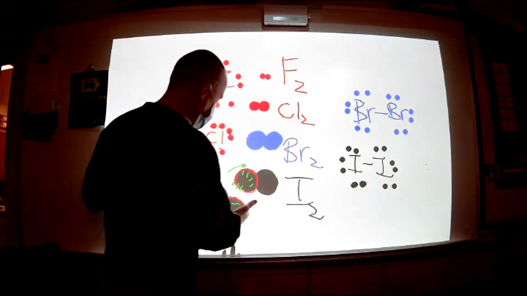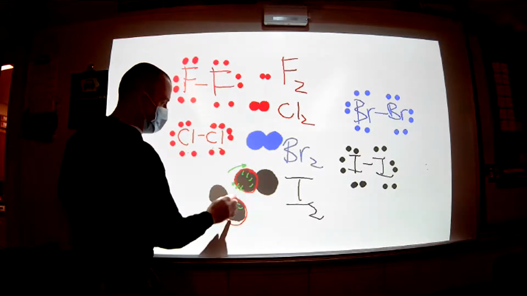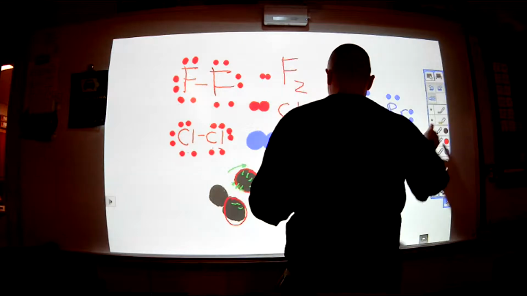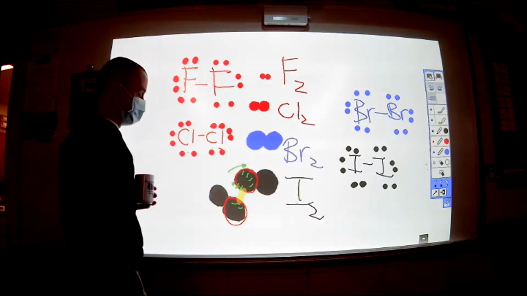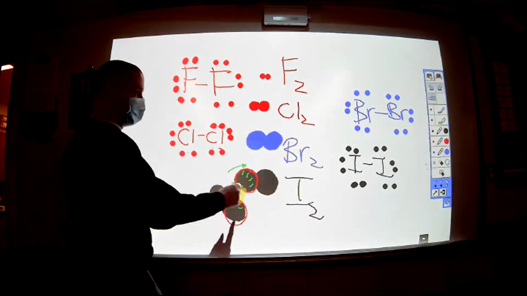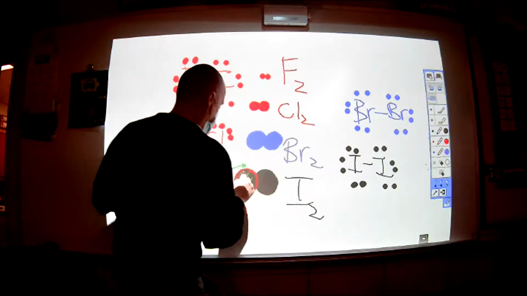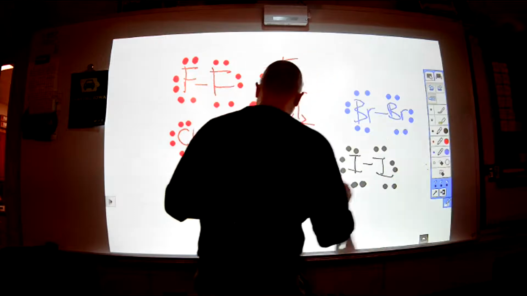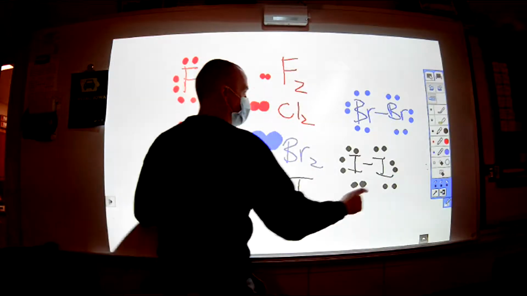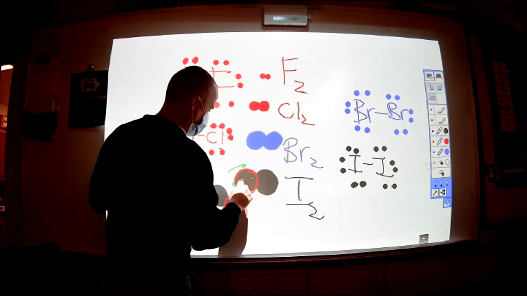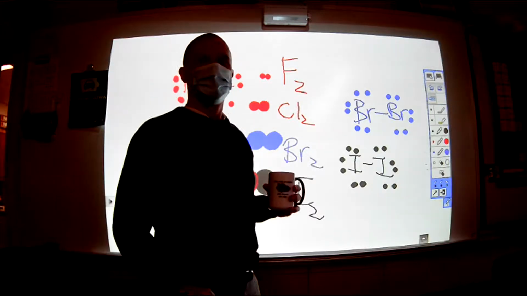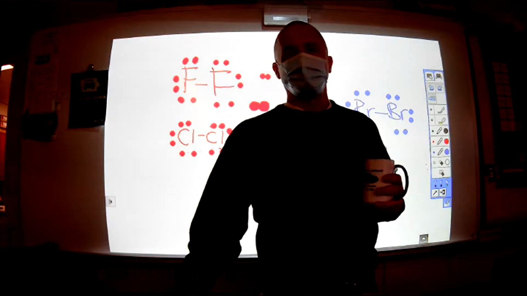We induce a dipole on this atom if those electrons move over. But you're like, okay, we could get an attraction here then. These could attract. But what's going to happen when these electrons move back over to this side? They're in constant motion. What will happen if these electrons move back over to this side? It'll push those away.